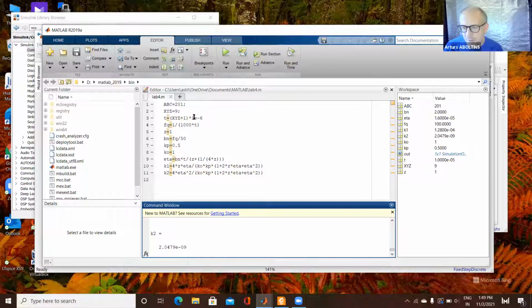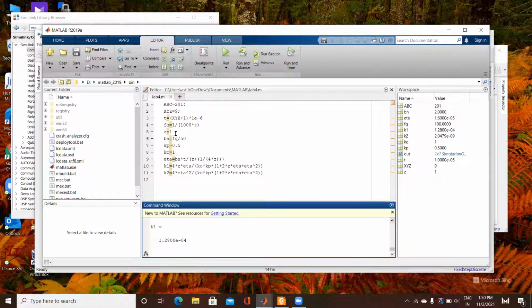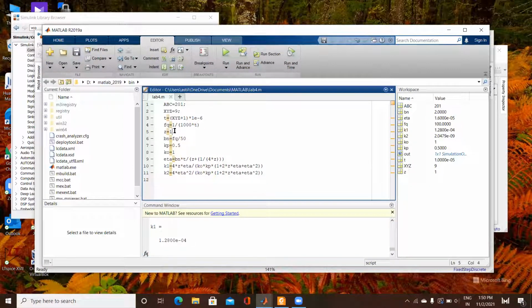Are K1 and K2 the same? Looks the same, yes. I have 1.5067. What do you have? No, but we changed zeta, right? To 1. So it will be different. I changed zeta to 1.